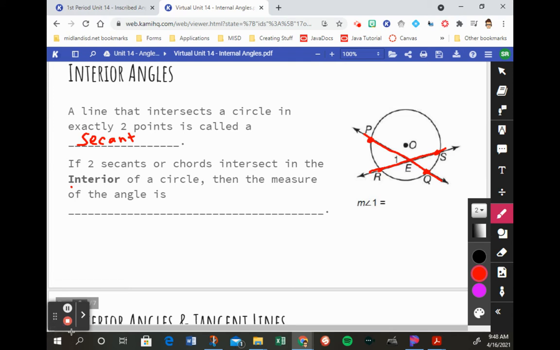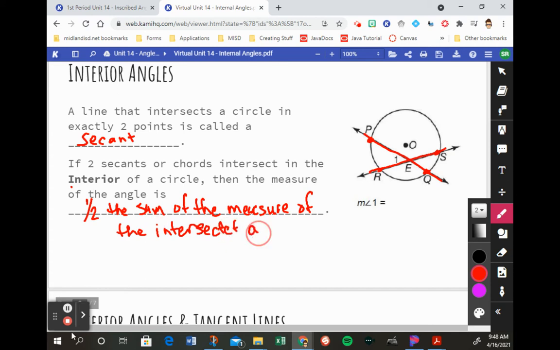the angle is 1/2 the sum of the measure of the intersected arcs.